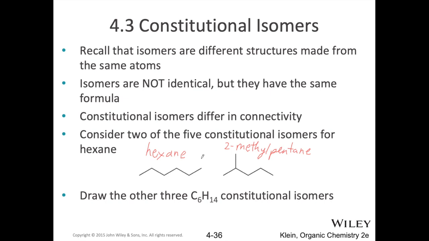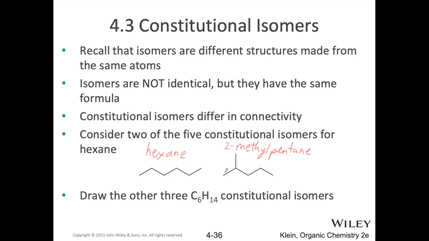This would be a good exercise if you try doing this problem here. Try drawing the remaining 3 constitutional isomers that you can draw for hexane, or for C6H14. Obviously you've drawn this, but the reason I'm pointing this out is that sometimes you draw a molecule thinking it's different, and it's not. So for example, you might draw one isomer.